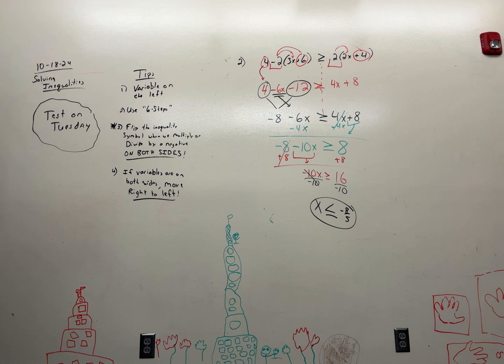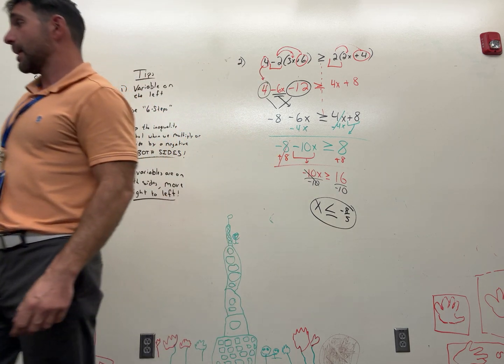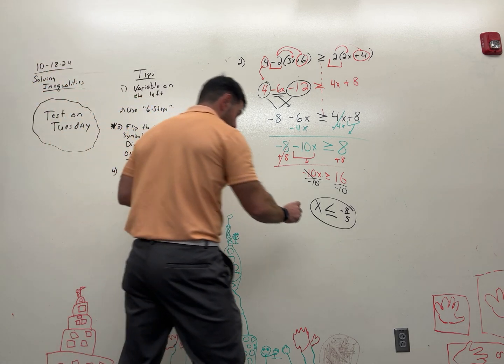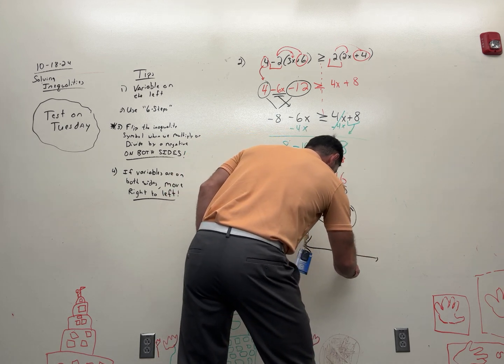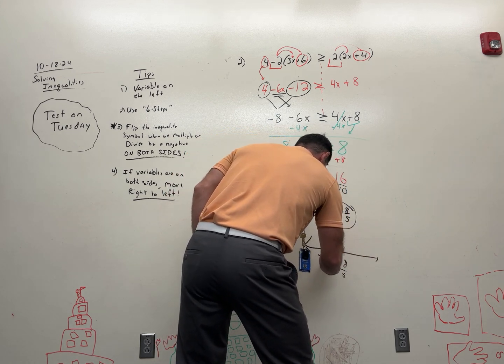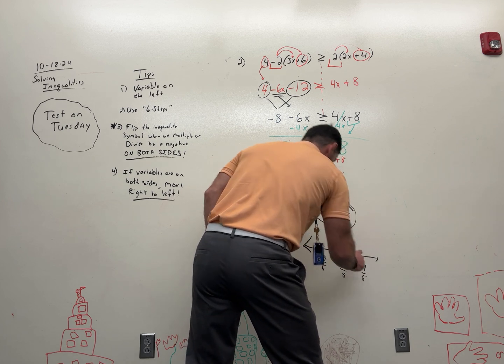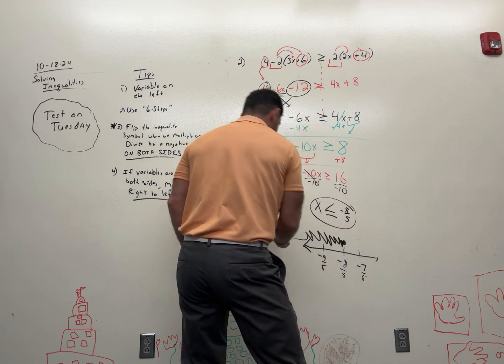Because I simplified both by 2. Now, we're not done with that because we still have to graph it. So when I graph this, -8 fifths is between -9 fifths and -7 fifths. It's a closed circle and it shades to the left.